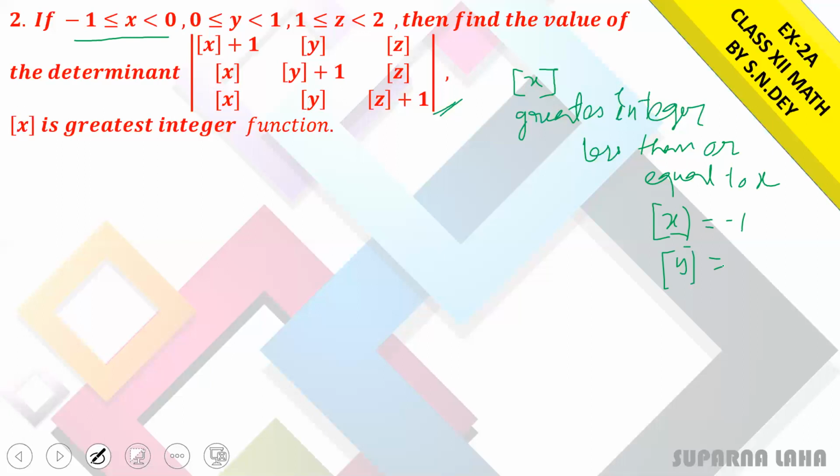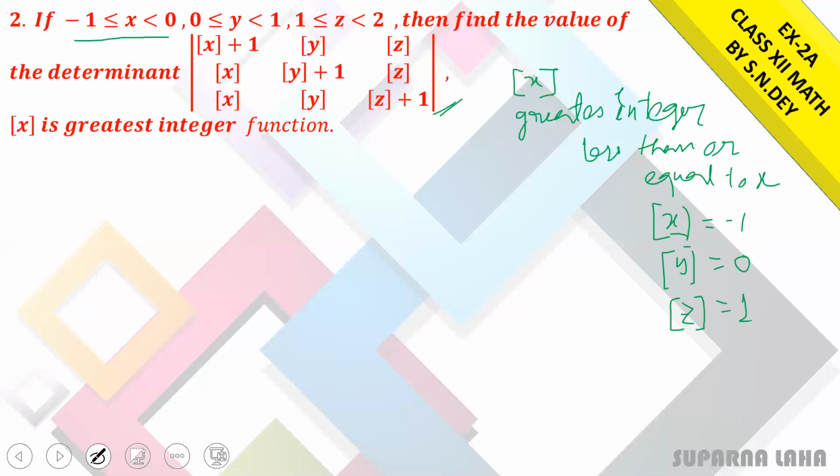We can choose 0.5, 0.3, 0.23, like that. The greatest integer less than or equal to y is 0, since 0.5 is not an integer, and below it the integer value is 0. And what is box of z? Similarly, box of z will be 1.